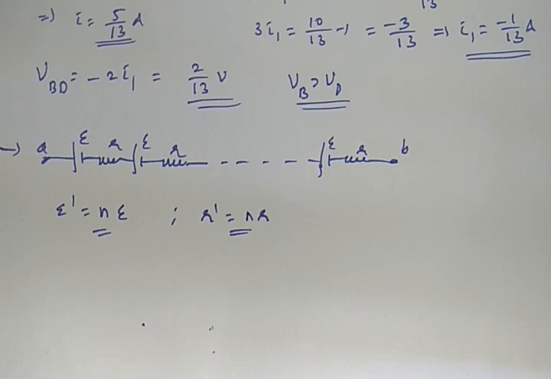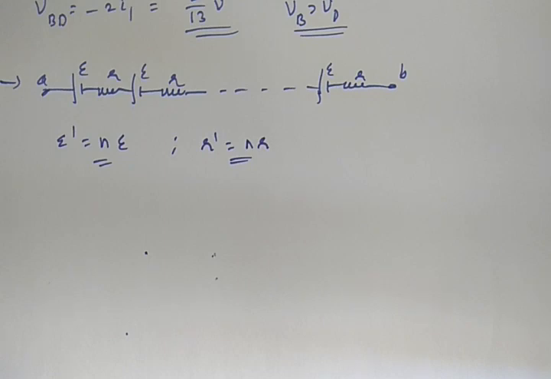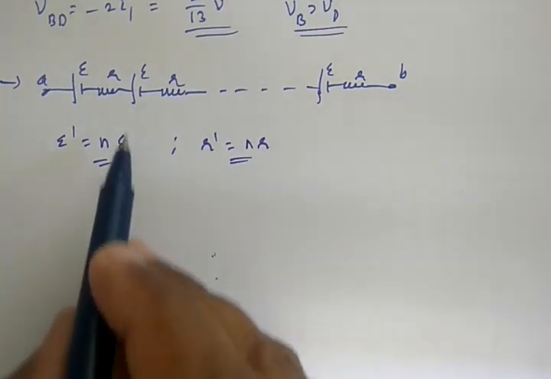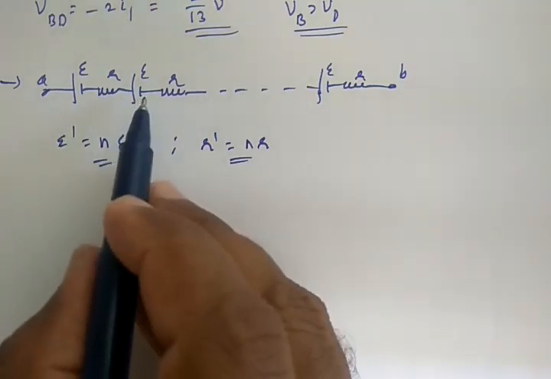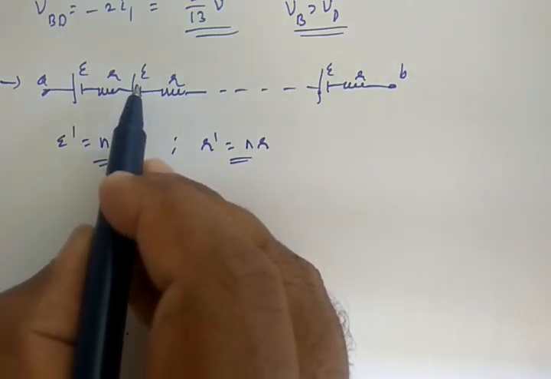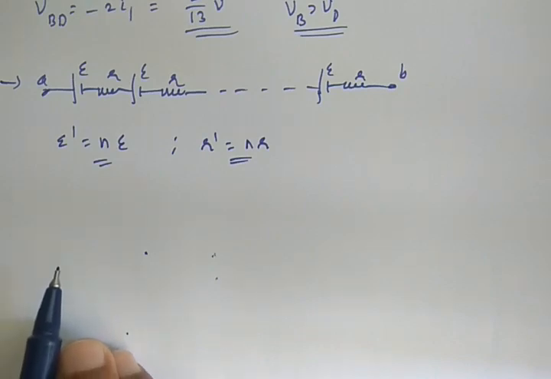So for example, out of n cells, if I reverse the polarity of one battery, say this battery, then the EMF of that battery will be cancelled by the EMF of the next battery. So the effect of two batteries will be zero.